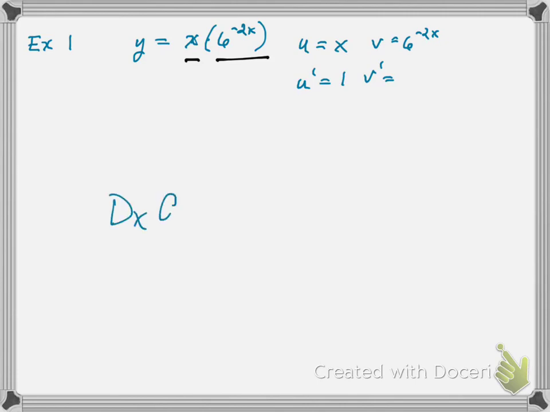Derivative of a to the x power is a to the x times ln of a. And then, of course, if this is more complicated than just an x, I have to multiply times the derivative of that as well. That's just the chain rule. So I'm going to have 6 to the negative 2x. In other words, I just keep this part the same, just like it was here. And then I multiply times ln of a, and my a is a 6. So that's times ln of 6.